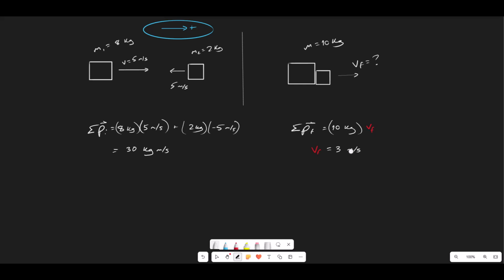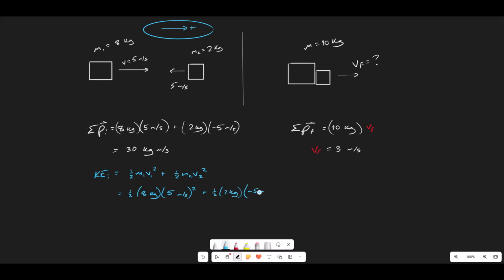And that's good. That gets me to my final speed, which is something I am interested in. Let's see how the energy is affected in this, and I'm going to do this one in blue. So my initial energy is all kinetic. We're not talking about doing this uphill or anything like that. I'm going to have a half m1 v1 squared plus a half m2 v2 squared. So a half times 8 kilograms times 5 meters per second squared, and a half times 2 kilograms.